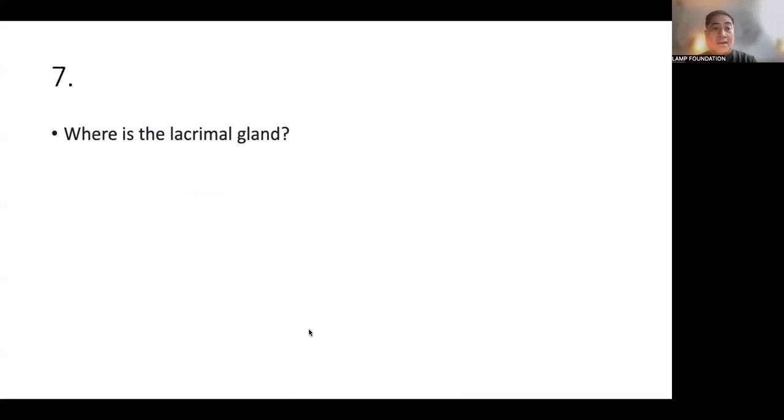Where is the lacrimal gland located? Outer edge of the top of the eyelid between the eyebrow and the lid.